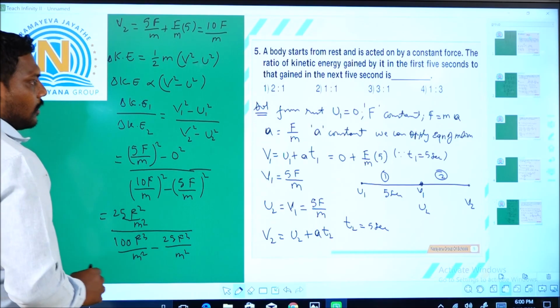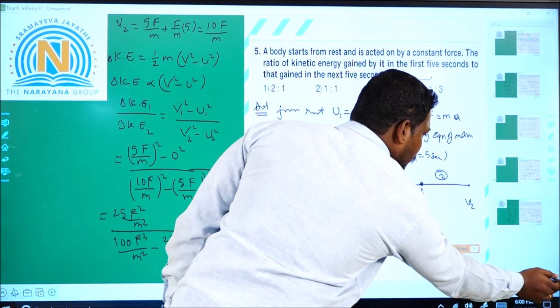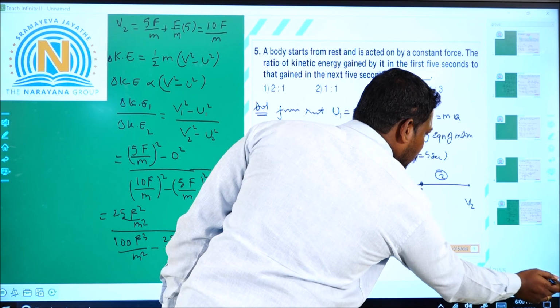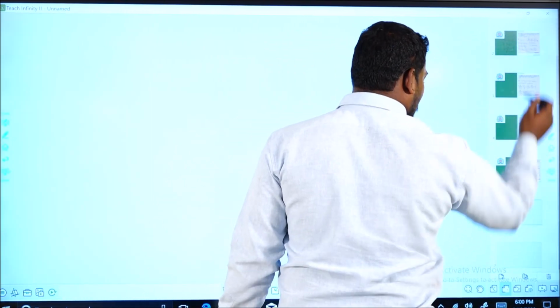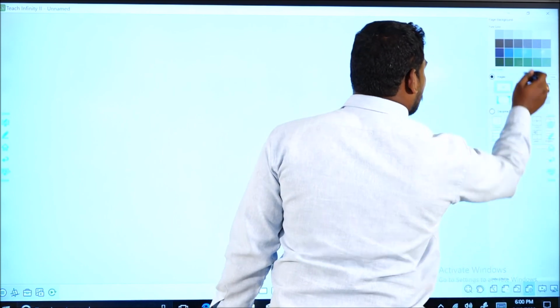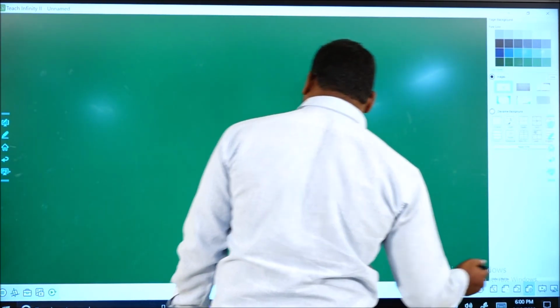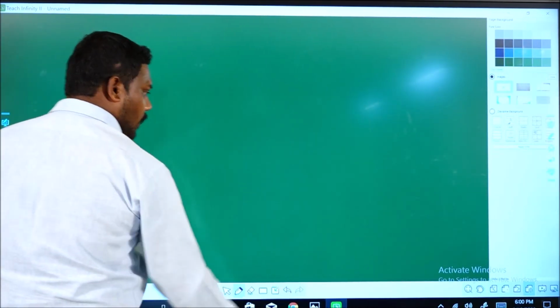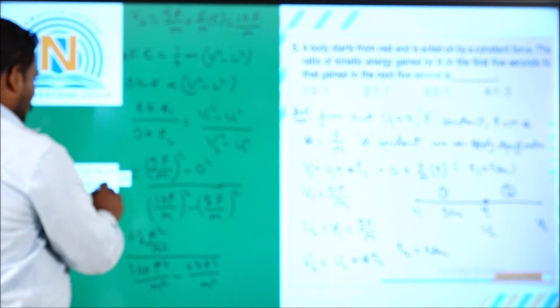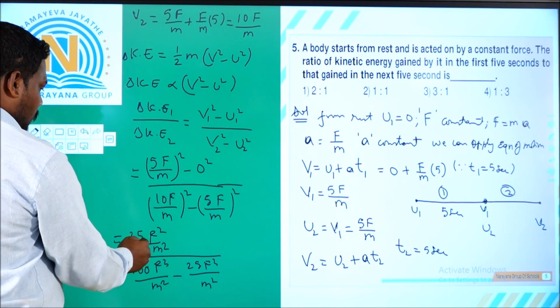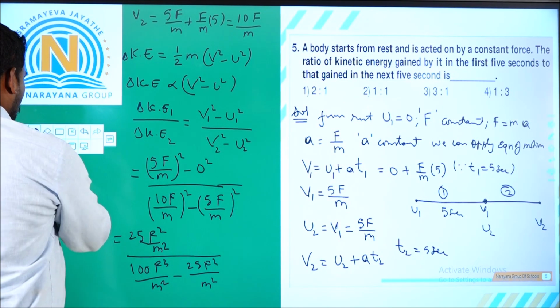Let me take the other slide here for the calculations. Now f square by m square is there.